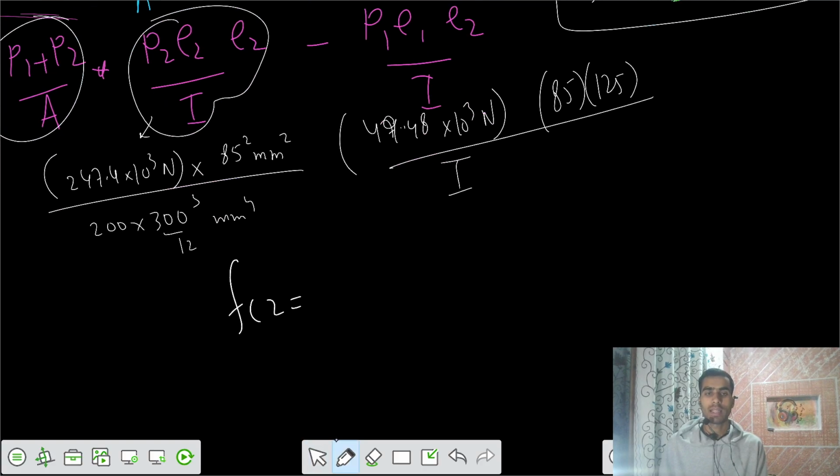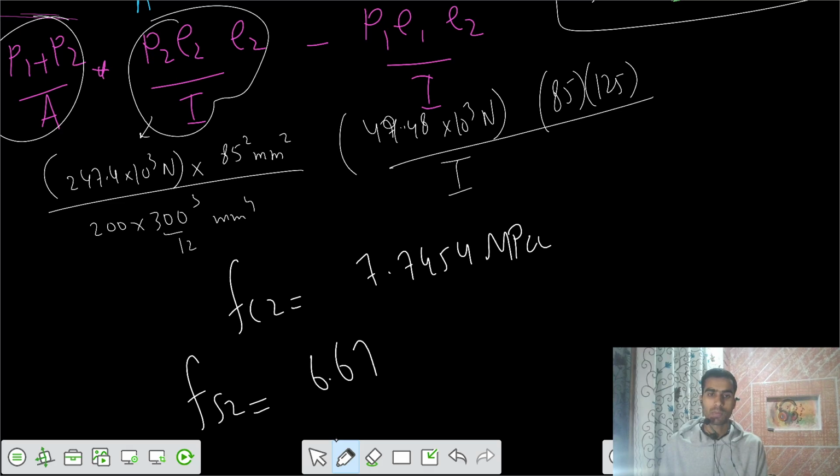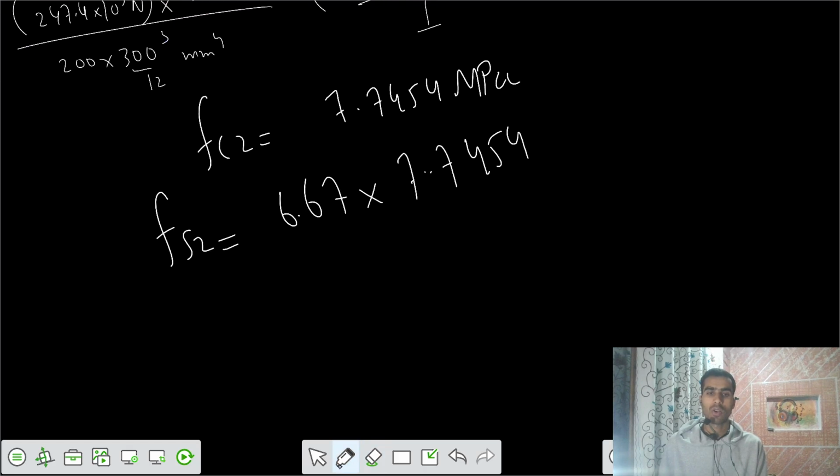Stress in concrete at the level of steel 2 comes to be 7.7454 megapascal, and the stress loss at that same location would be 6.67 times 7.7454 megapascals. So the stress loss in the steel wires at that location is equal to 51.7394 megapascals.